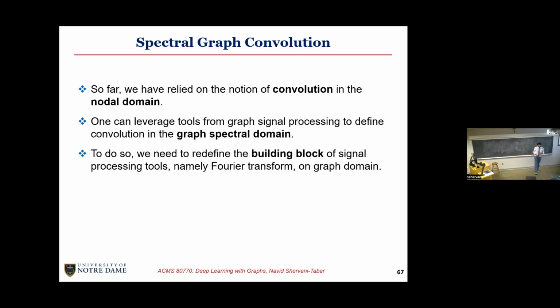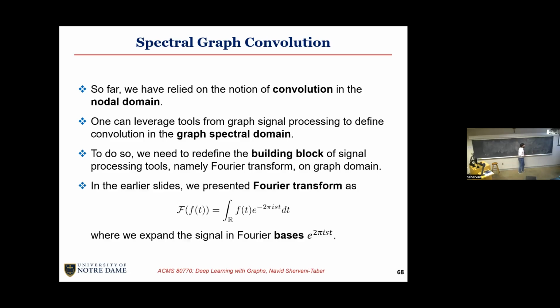And the building block of essentially many tools in signal processing is the Fourier transform. So if you define what Fourier transform is on graphs, you can use that and apply many signal processing operations or redefine many signal processing operations starting from those building blocks. So just a reminder, earlier in the lecture, we looked at the Fourier transform.